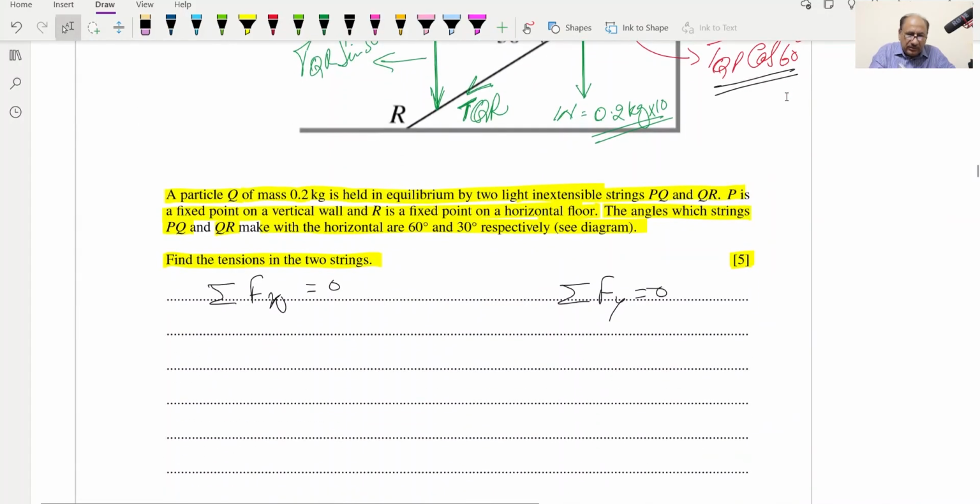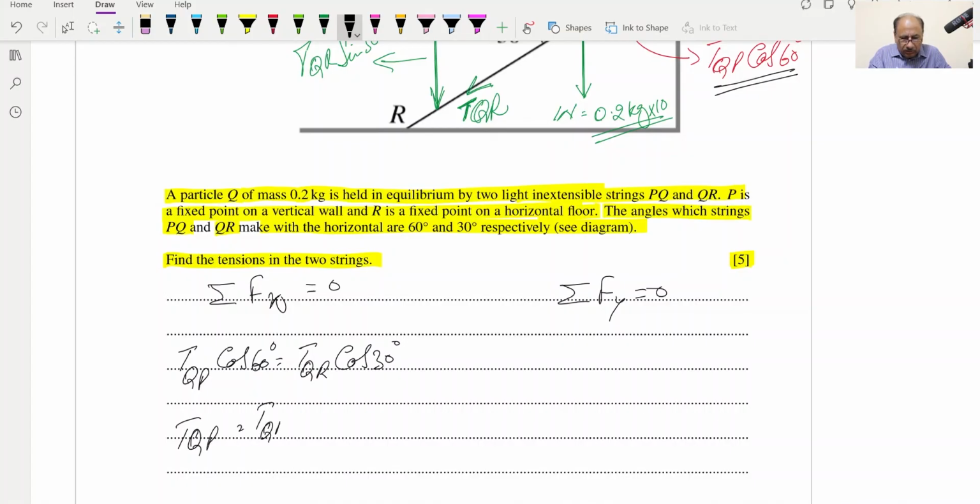So TQR cos of 60 degree is equal to TQP cos of 60, and TQR cos of 30 degree. Now we can write TQP equals TQR cos of 30 degree divided by cos of 60 degree.